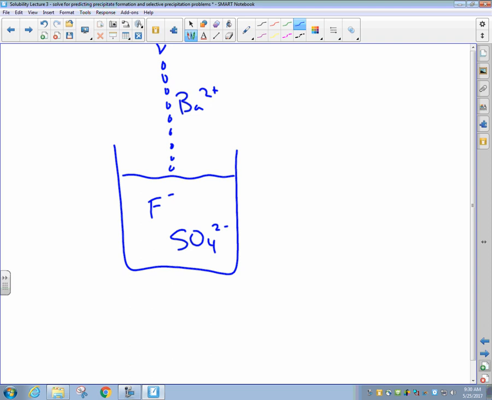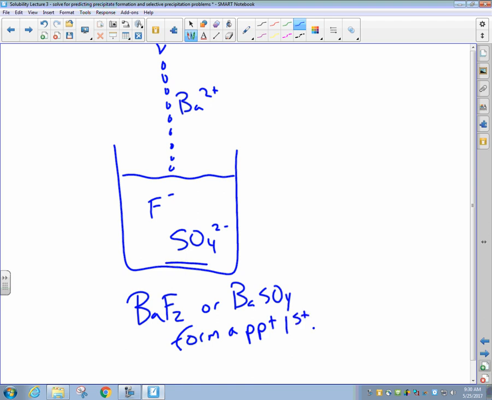What our question is, will BaF2 or BaSO4 form a PPT first? Which one will we see as a solid at the bottom of our container?